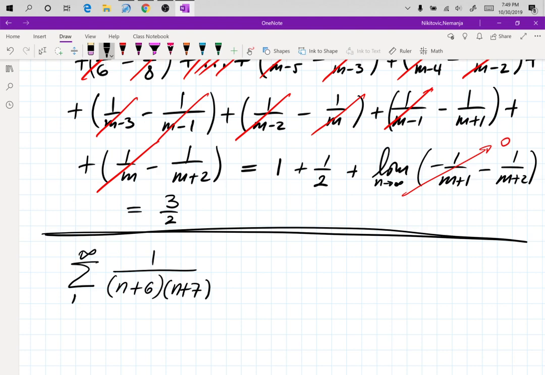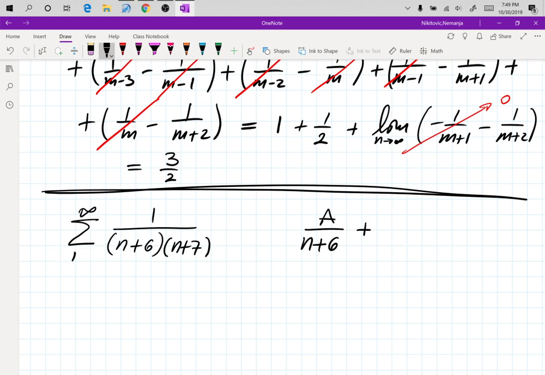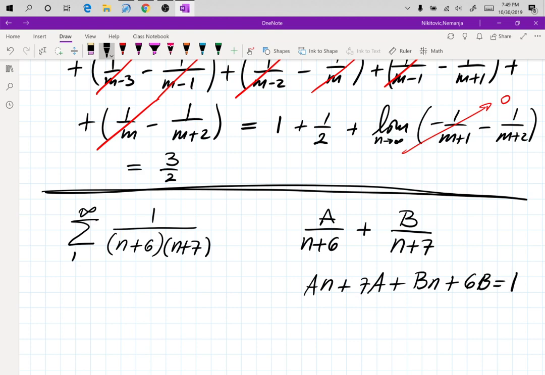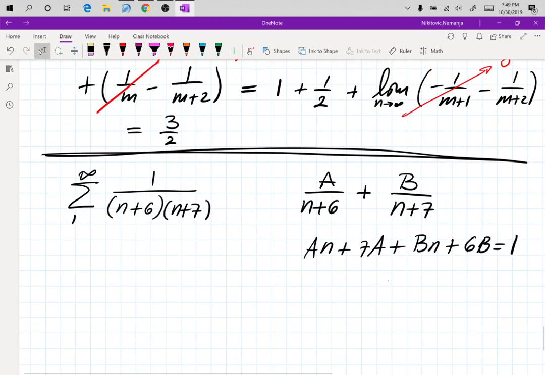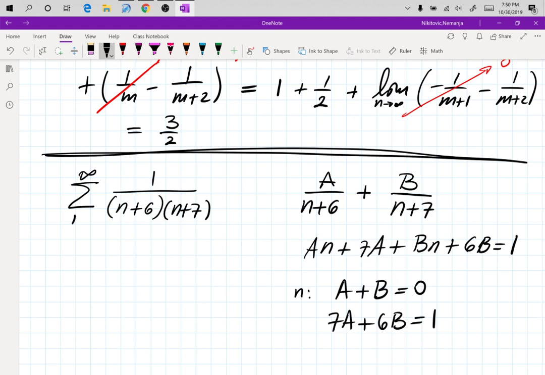So let's go. It's a over n plus 6 plus b over n plus 7, which is an plus 7a plus bn plus 6b is equal to 1. So the n equation is a plus b equals 0, and then we have 7a plus 6b equals 1.